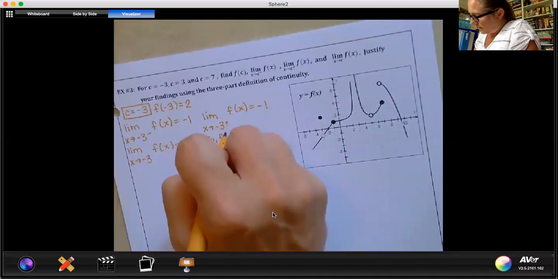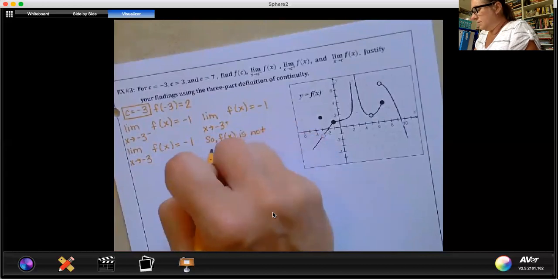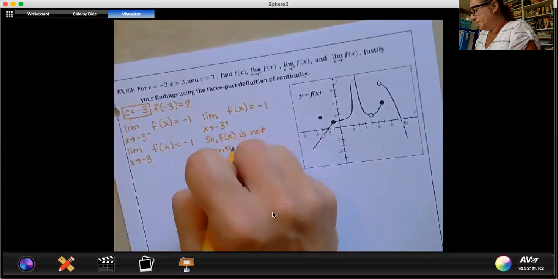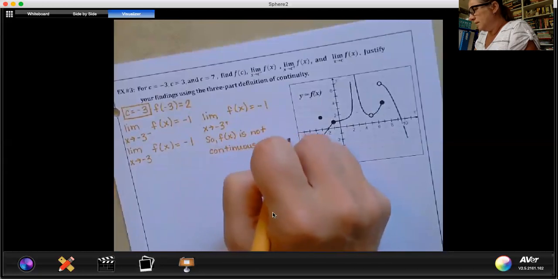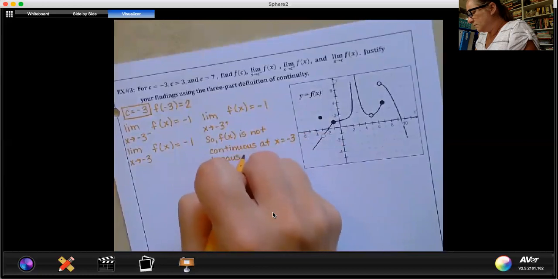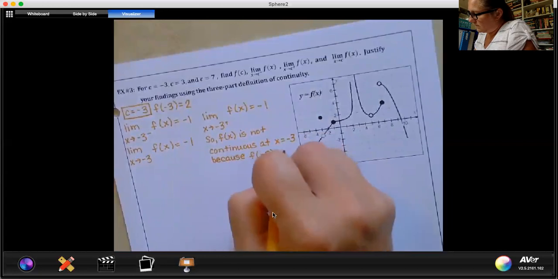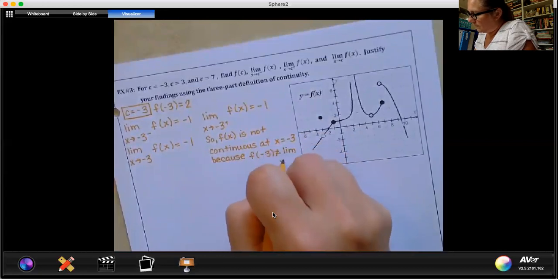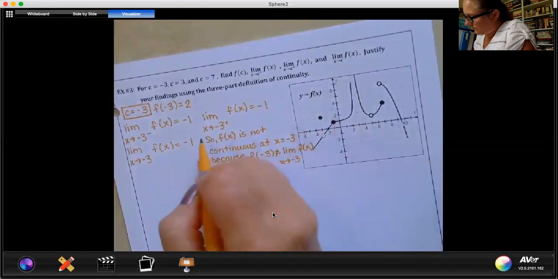So f of x is not continuous at x equals -3 because f of -3 does not equal the limit as x approaches -3 of the function.